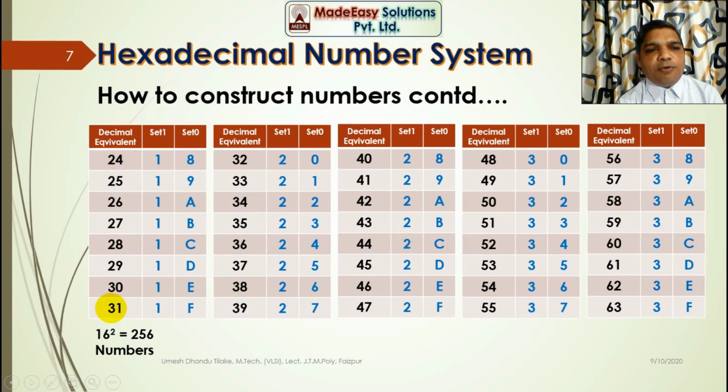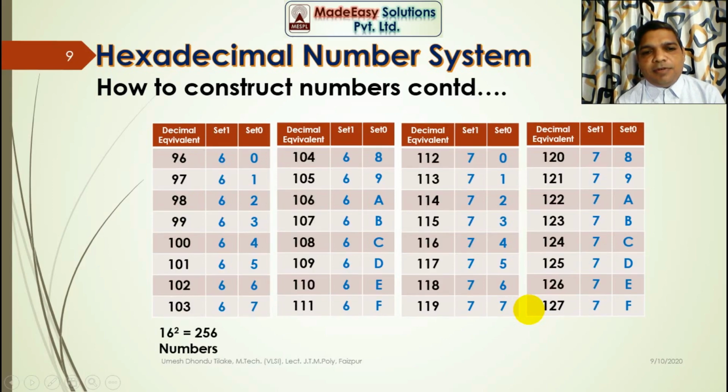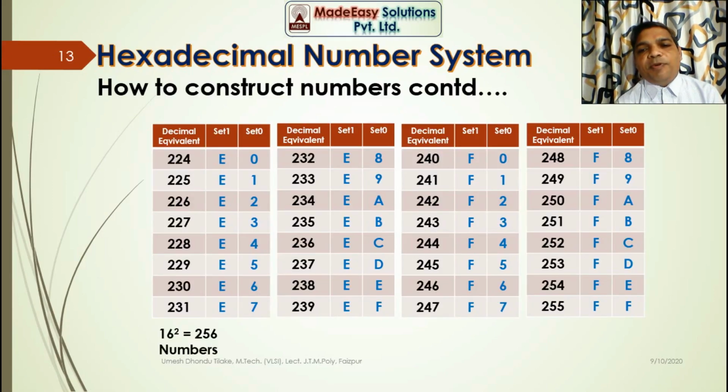So for 24 to 31 I have shown you the equivalent hexadecimal numbers. Similarly, this slide includes 24 to 63, the next slide includes 64 to 95, the next slide includes 96 to 127, and thus up to 255. So many slides we have.